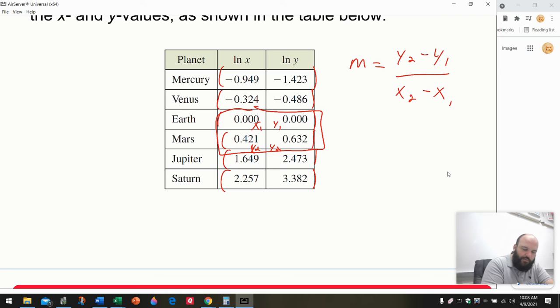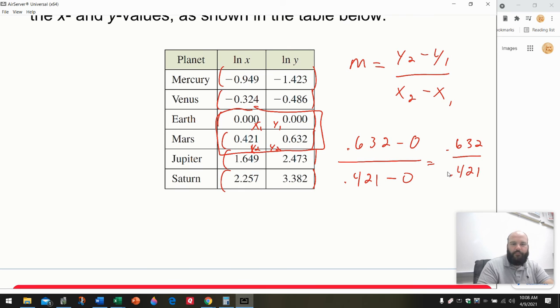So when I do y2 minus y1 over x2 minus x1, you can see I end up with 0.632 divided by 0.421.